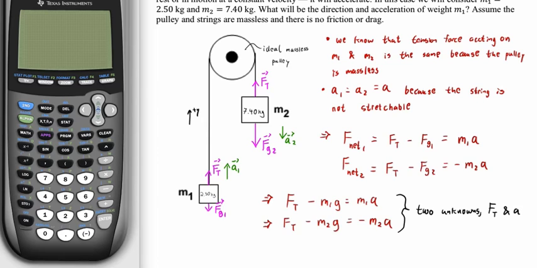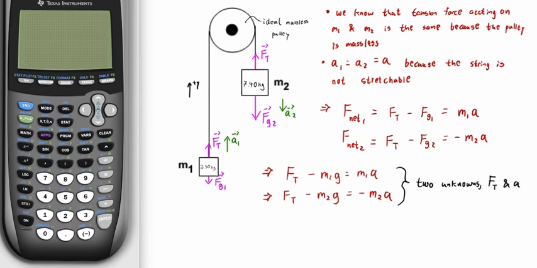Two unknowns, which are the tension force and the acceleration. Now we're going to use the tension force as a stepping stone to solving for the acceleration, and mathematically that's going to be a substitution. I'm going to solve for Ft using the equation for forces on mass 1 and then substitute that into the equation of forces on mass 2. So Ft is going to equal M1g plus M1a.